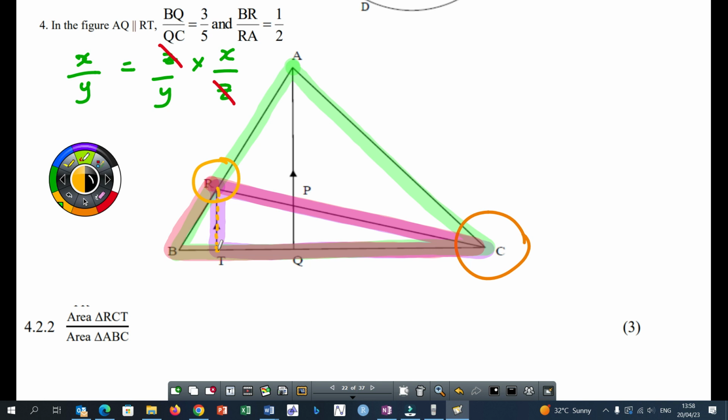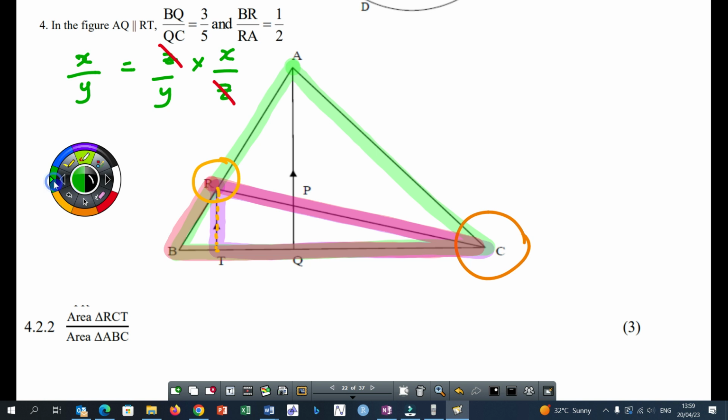What does CRB have in common with C? Remember, this is C, R, B. They share a common vertex C. And BR is along AB.